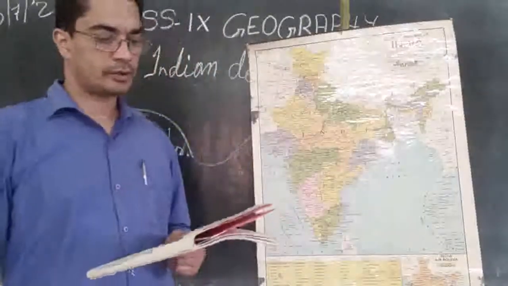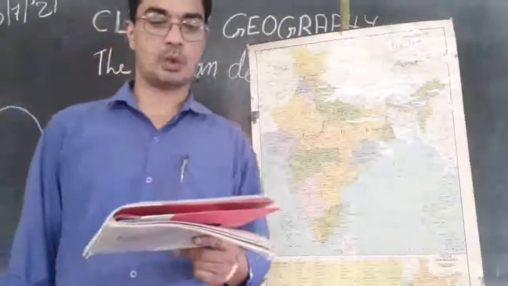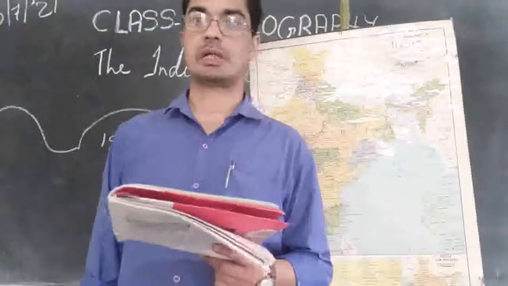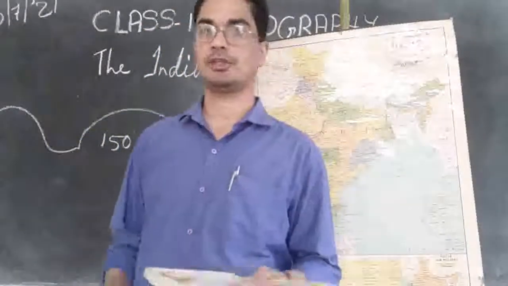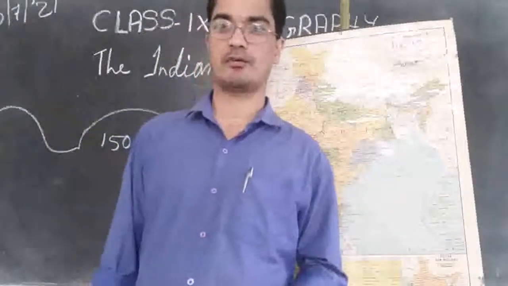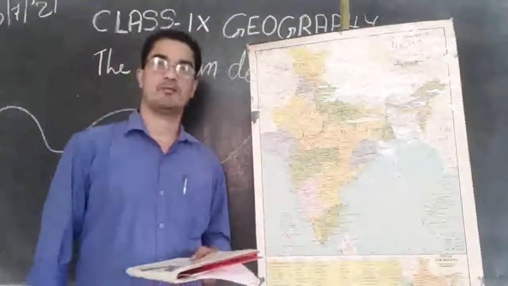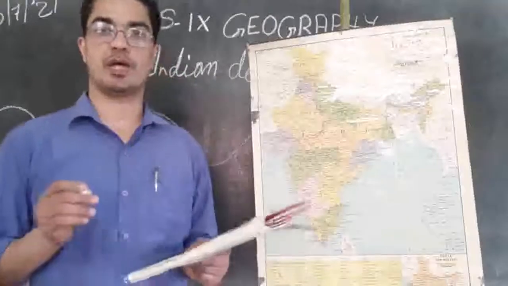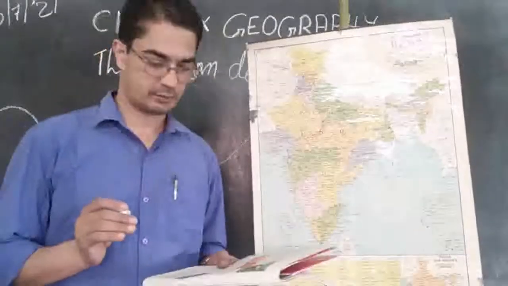And it has an arid climate with low vegetation cover. So the climate in this region is arid. Arid means dry. It is understood. In the desert we cannot have a very cool climate, isn't it? So by the very name desert, it means that they have a very dry climate.